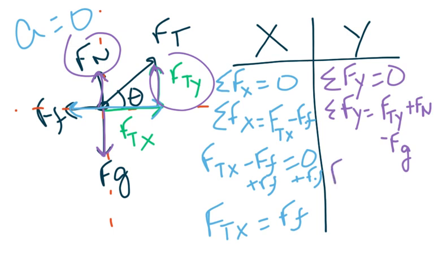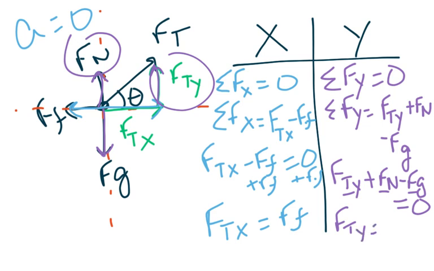All right, that means my vertical component of tension plus my normal force minus my gravitational force is all equal to 0. So then I can solve for any of these three things, but it tells us everything going up, because I have balanced forces, must equal everything going down, because I can move this to the other side by adding it to both sides of my equation, and I get that for my final expression.